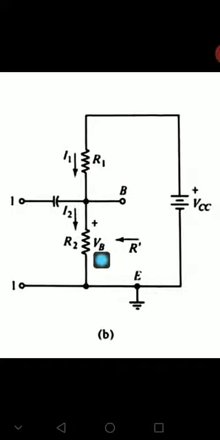R1 and R2 constitute I1 and I2 currents. To analyze this circuit, first we take the base to emitter open circuit voltage. We may call it Thevenization or Thevenin approach.